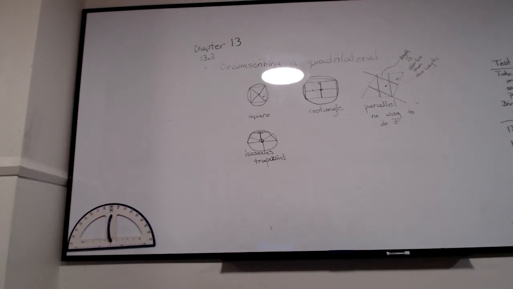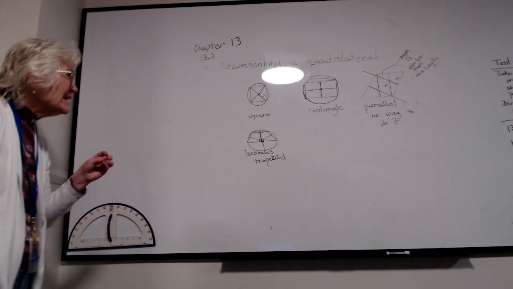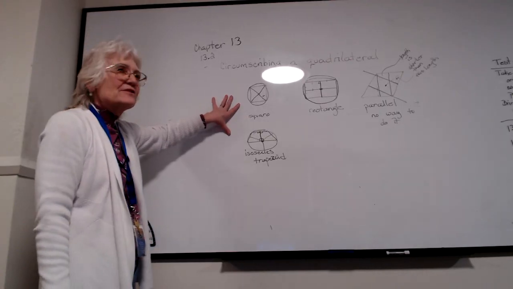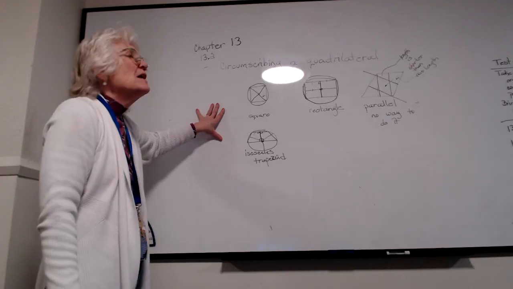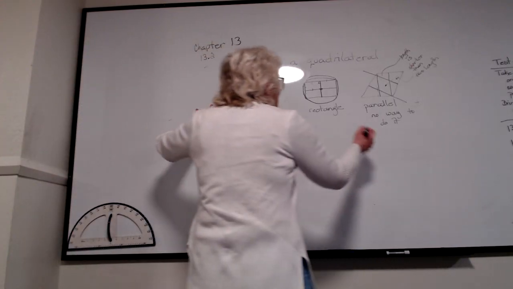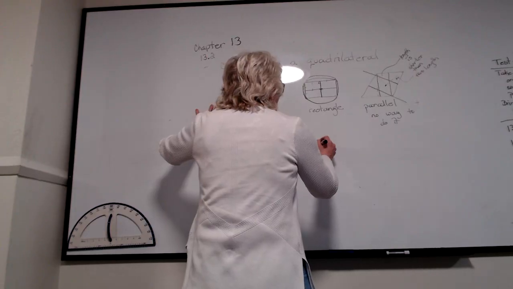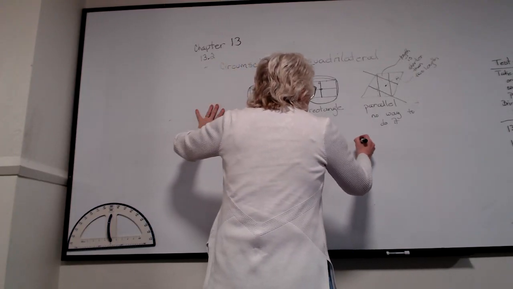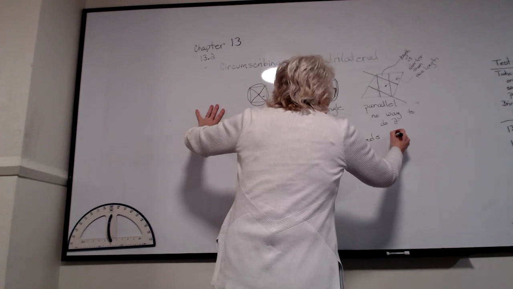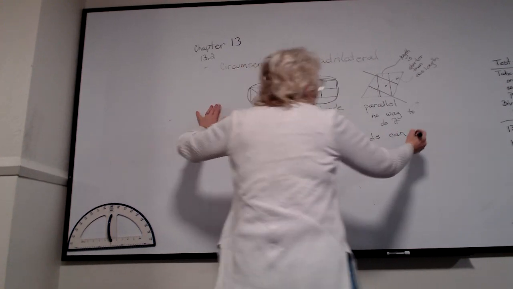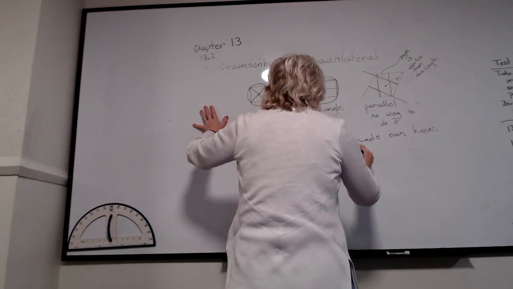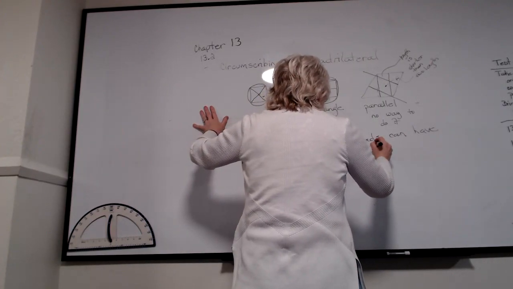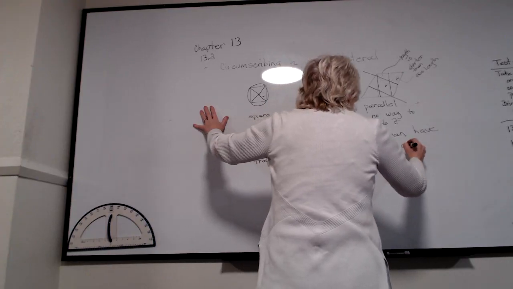What do you notice? The quadrilaterals that can be circumscribed are the ones, so some cannot be. Not all quadrilaterals can have a circumscribing circle.